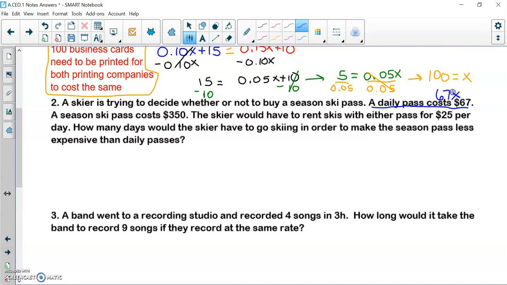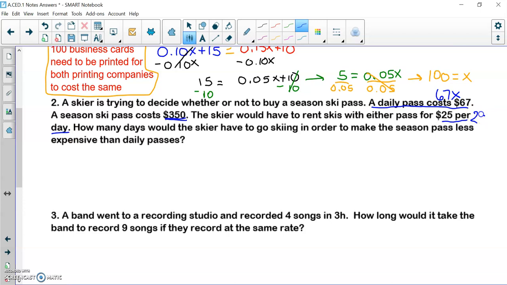I'm going to do X is the number of days. A season pass costs $350. That means when you buy a season pass, that's just a one-time fee. So you're just paying the $350. But the skier is going to have to rent skis with either pass for $25 per day.